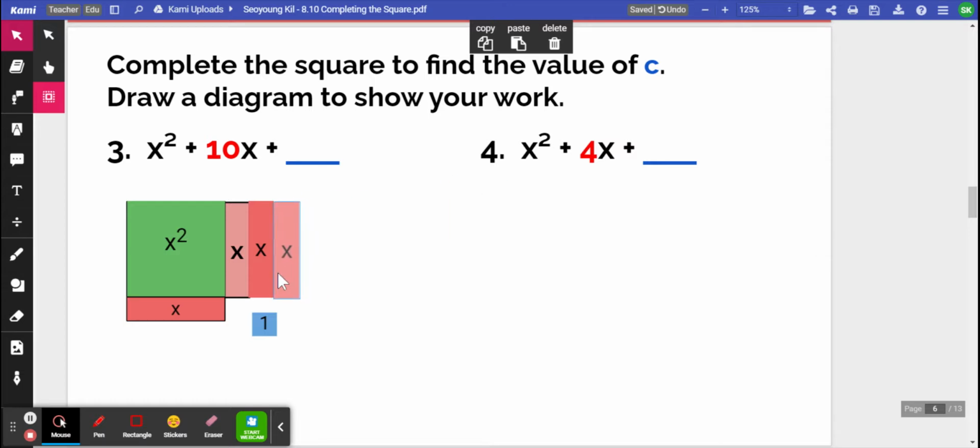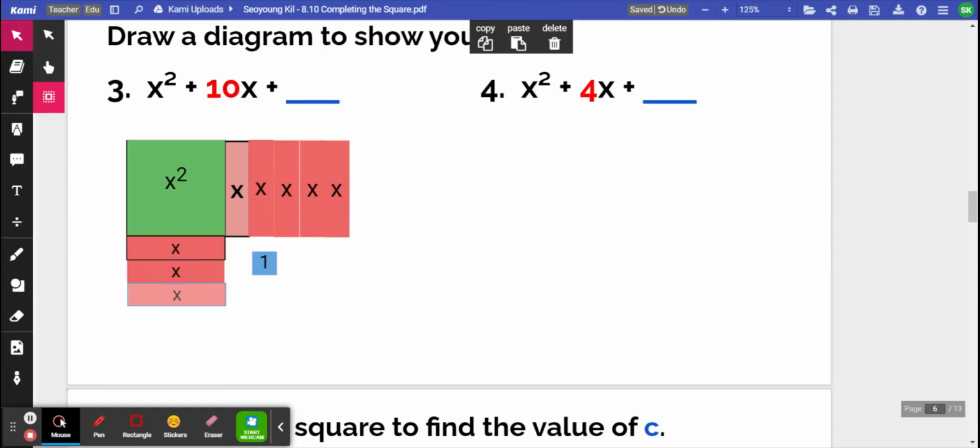So now I have 3, 4, 5 x's out to the side. And then I'm going to create 4 more. So a total of 5 x's on the bottom of x squared. That's 3, 4, and 5.